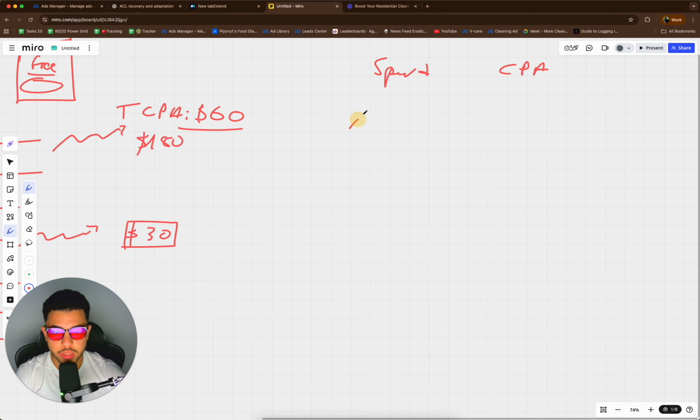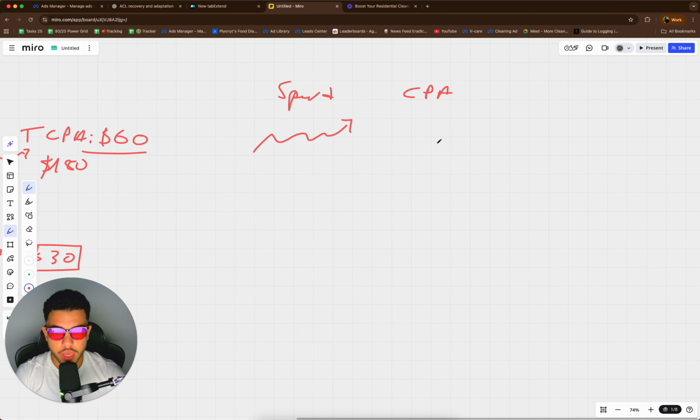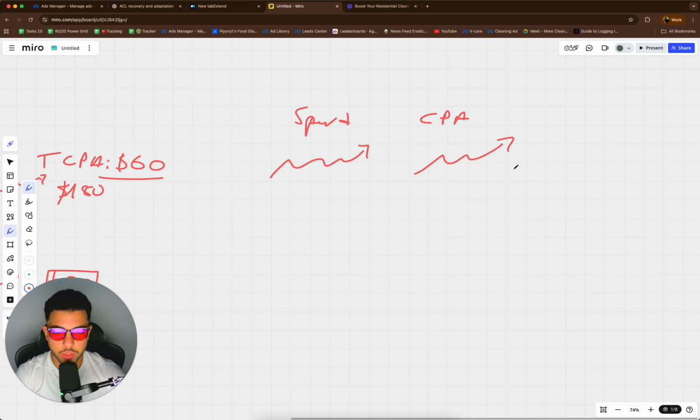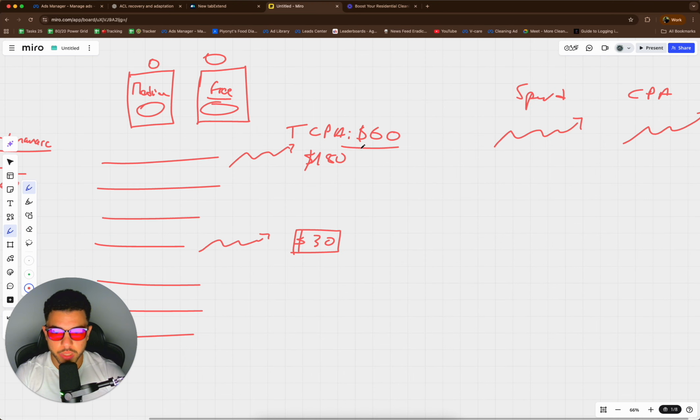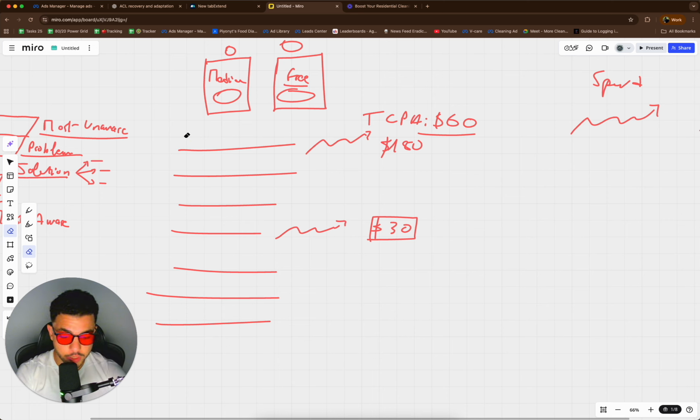So if spend is increasing and CPA is, let's say, increasing as well, you don't stop it. If Facebook has determined that budget needs to go to this ad, then you just need to keep it going. A lot of people say, hey, Facebook wants you to spend a lot of money and not really get you back results.